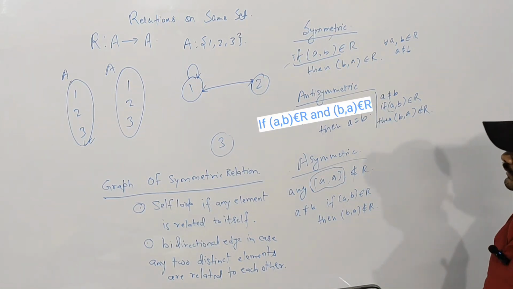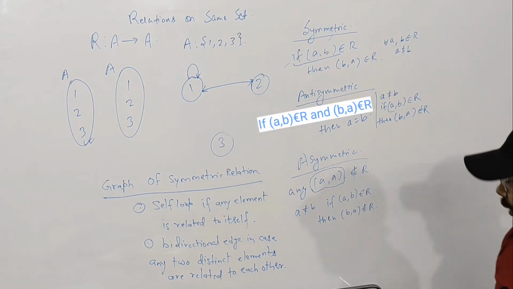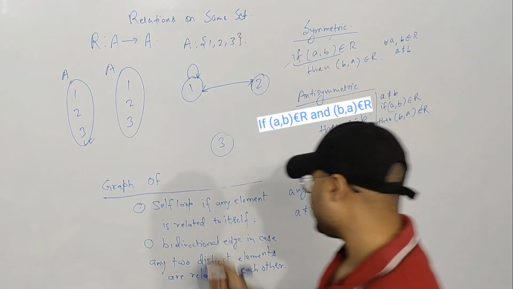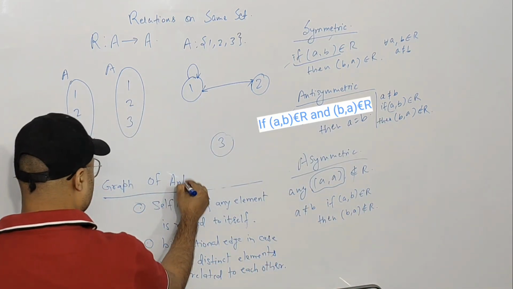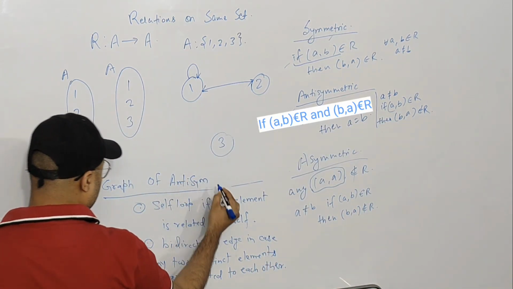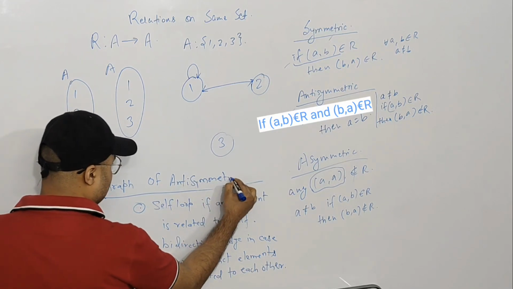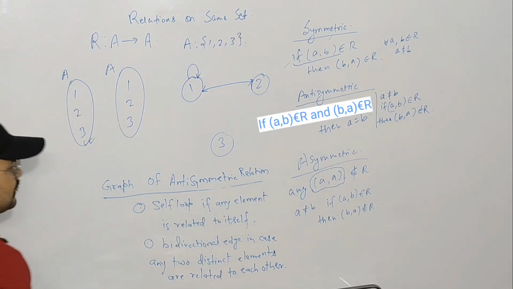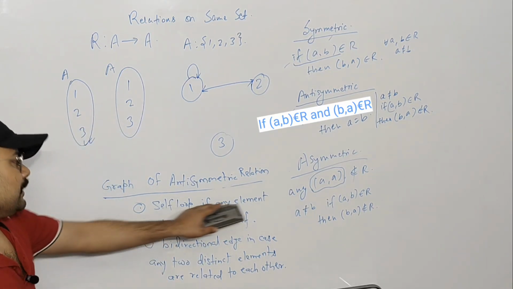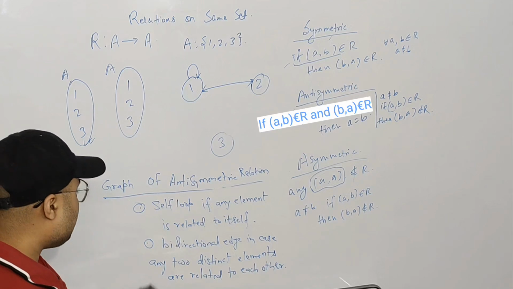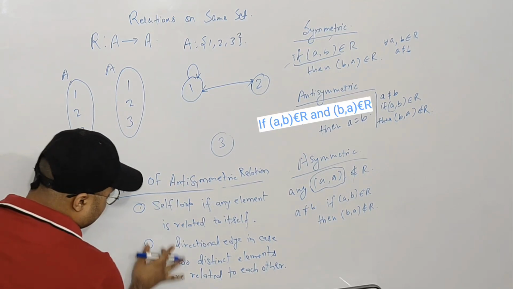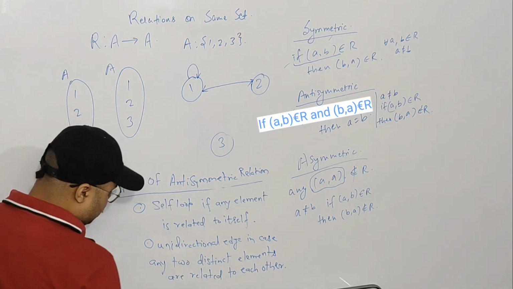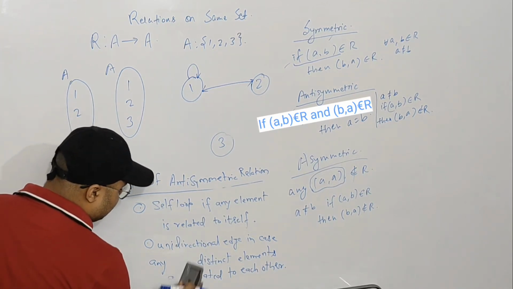What about anti-symmetric? Now I will change it. Graph of an anti-symmetric relation: self loop if any element is related to itself, and a unidirectional edge in case an element is related to some other element.